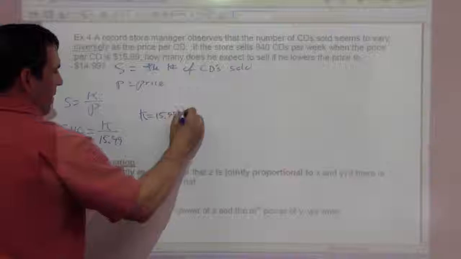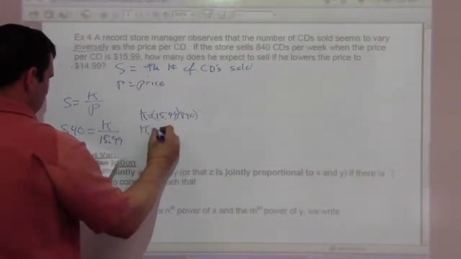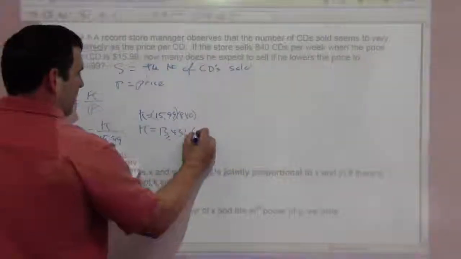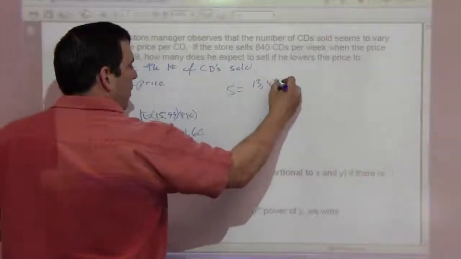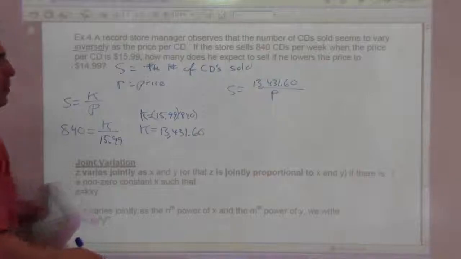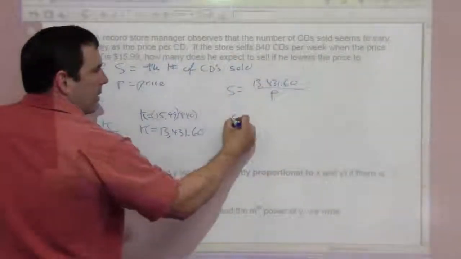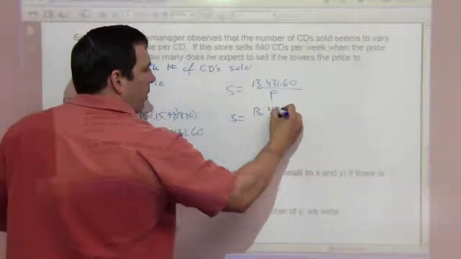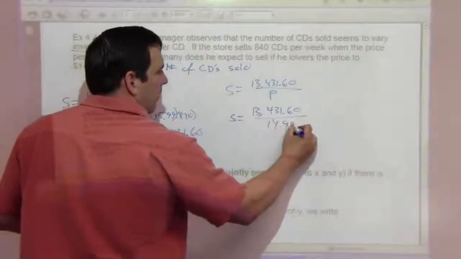So k is going to be 15.99 times 840, so k is going to be 13,431.60. So S equals 13,431.60 over P. The number you sell is going to be this number, that's our k, divided by P. So S will be 13,431.60 divided by 14.99.